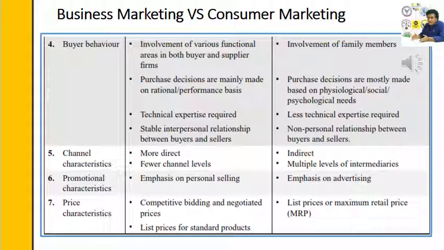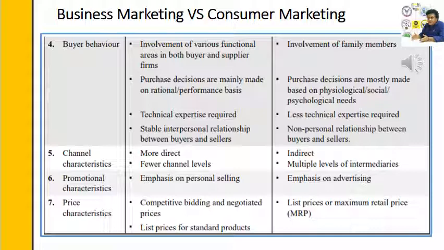In the business market, technical expertise is required by the buying person, and interpersonal relationship between buyers and sellers needs to be very stable. This is not true in case of consumer marketing. There exists a somewhat non-personal relationship between buyer and seller, and less technical expertise is required.